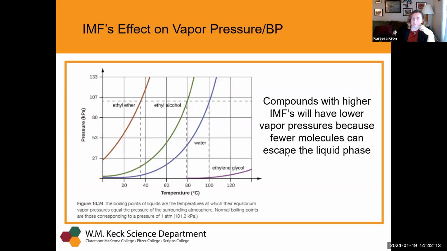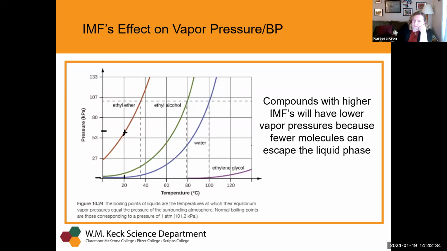If you compare at 20 degrees Celsius, the vapor pressure of water is quite low compared to the vapor pressure of ethyl ether.